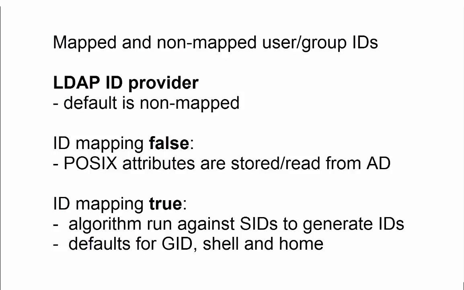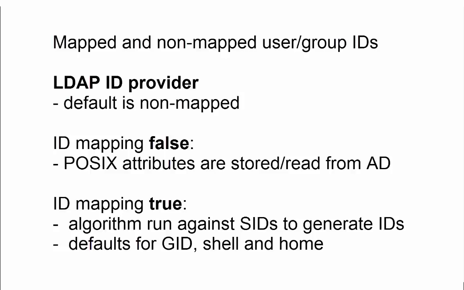The SSSD ID mapping facility runs a static algorithm against Active Directory user and group SIDs to generate unique UID and GID values across the domain. And because this method provides unique UID and GID values, they will be persistent across all Linux servers authenticating against the domain.